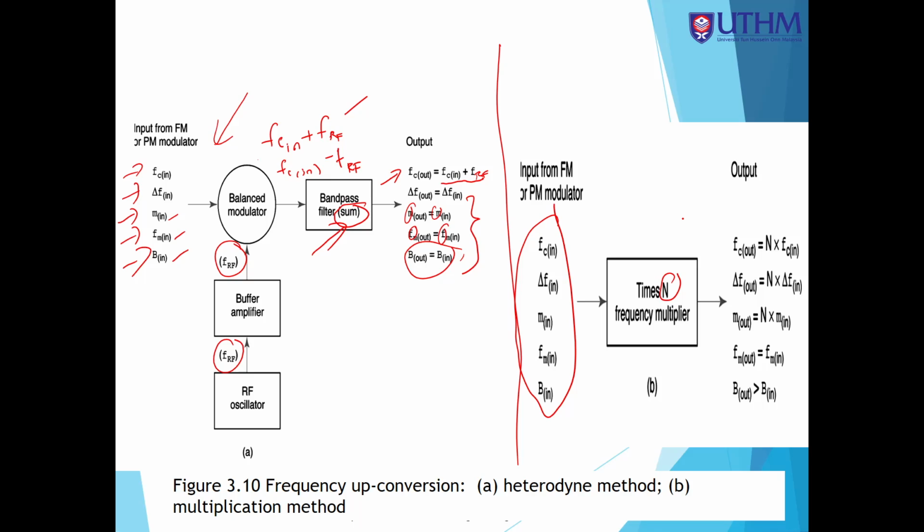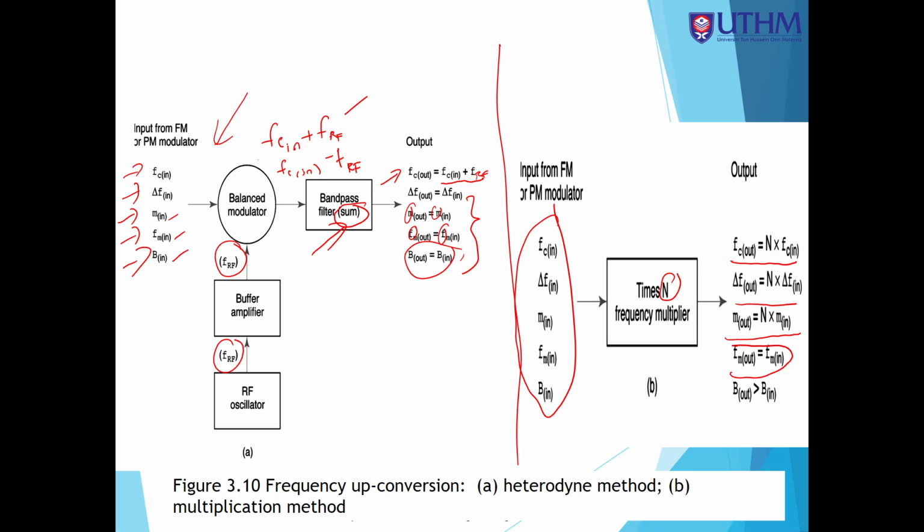So FC out is equal to n multiplied with FC in. Delta F out equal to n multiplied with delta F in. Beta out is equal to n multiplied with beta in.